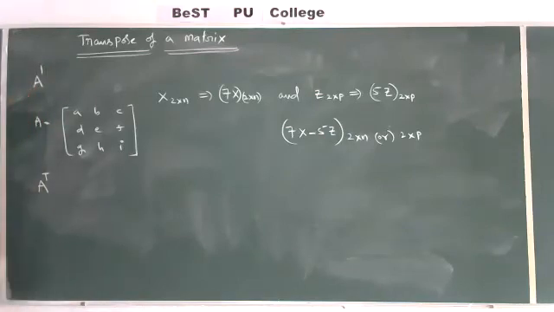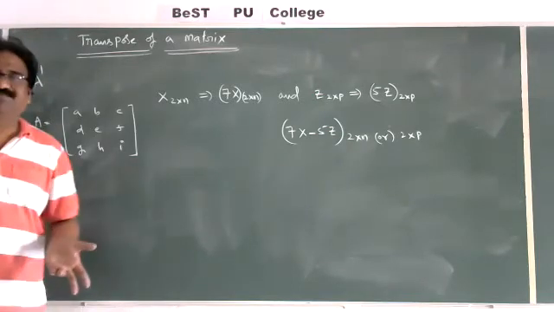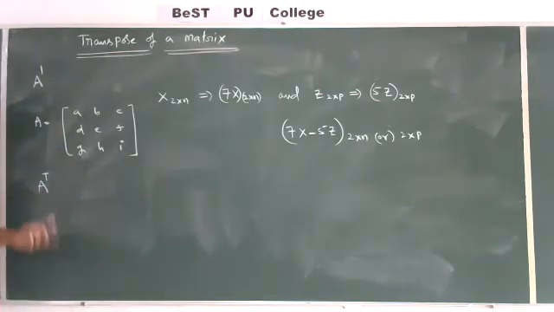A transpose is defined like this. That's why you always follow A power capital T, it is better. Some books follow A dash. A dash means A transpose. A power T means A transpose.